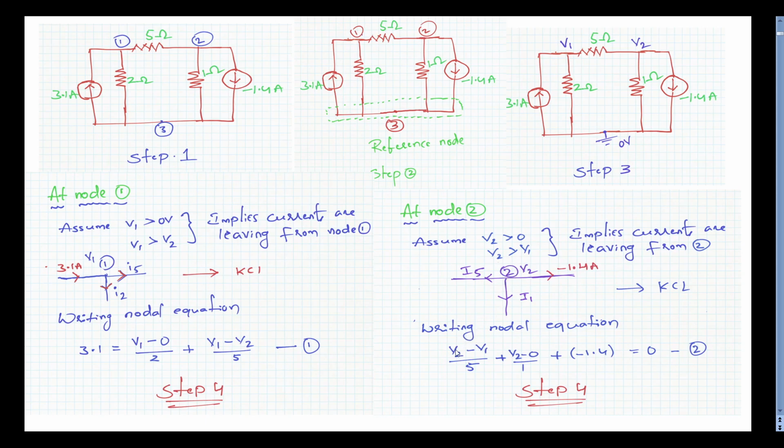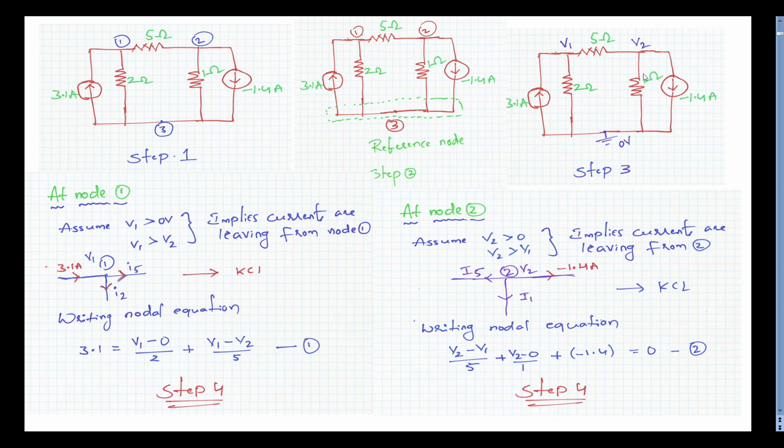By Ohm's law, I5 is voltage by resistance. The voltage across the 5 ohm resistor is V2 minus V1, and the resistance is 5 ohms. Now come to I1.